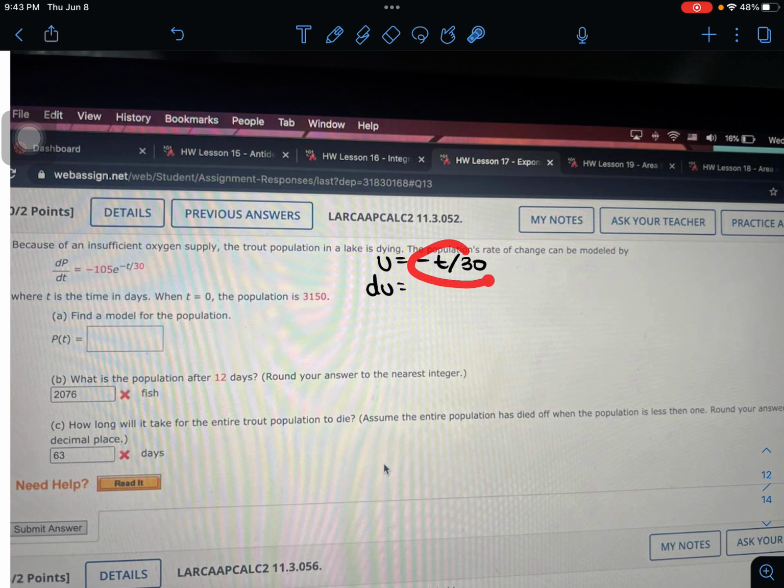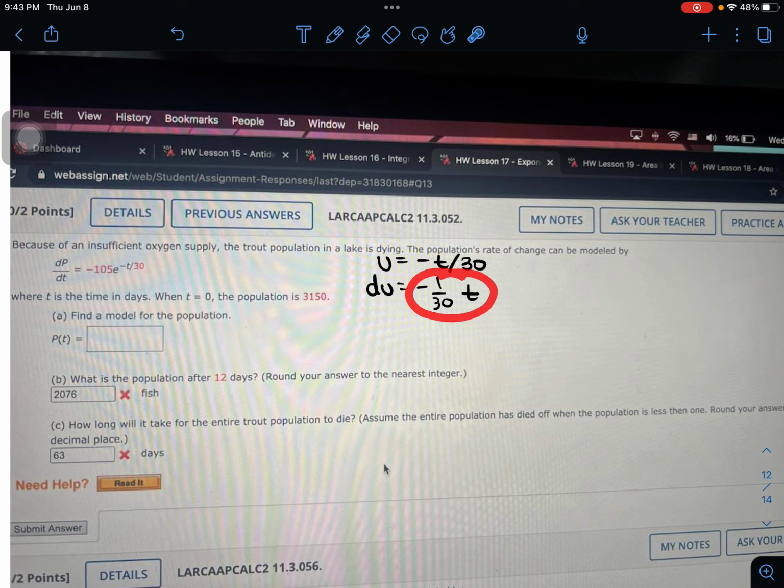The derivative of this, I can actually rewrite this as negative 1 over 30 times t. These are the same thing. Negative t divided by 30 is the same thing as negative 1 over 30 times t. Because think about if I multiply these: negative 1 times t is negative t, and on the bottom I have a 30.